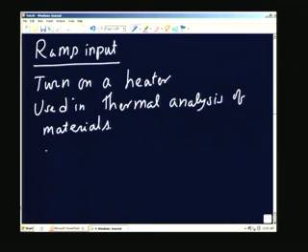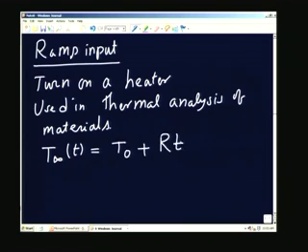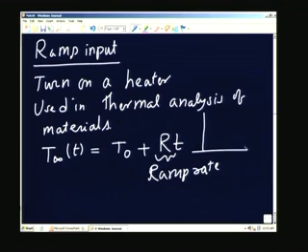Suppose I take the temperature T infinity to vary, initially it is some T naught plus R times t, where R is the ramp rate. So, if I were to plot this temperature, this is T naught and it will go like this, and the slope of this line is R, okay, linearly it is increasing with time.